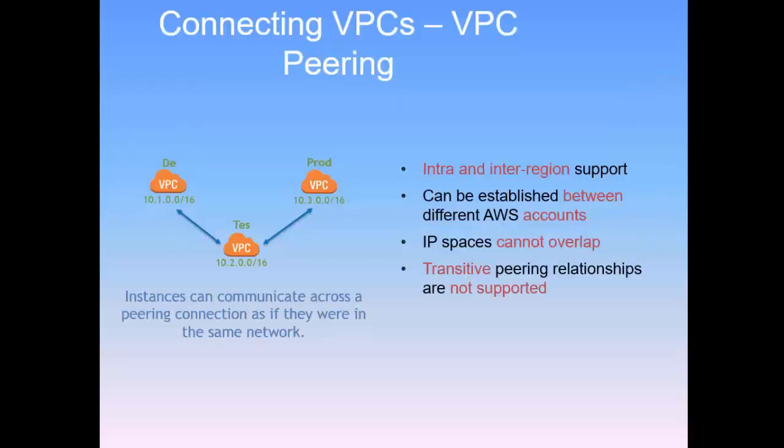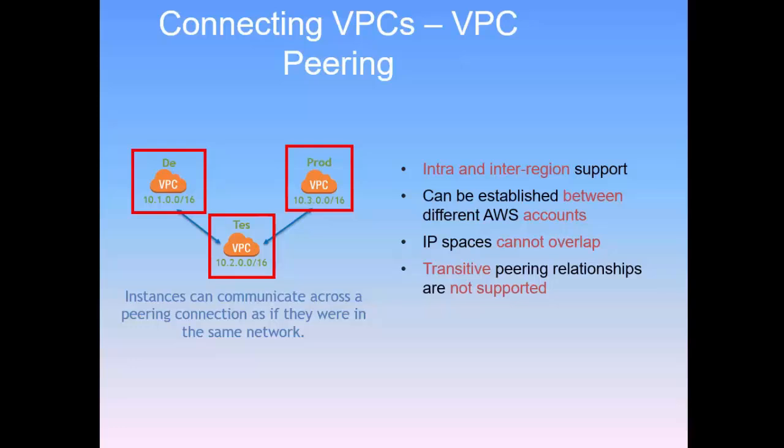Okay, like this, connecting VPCs, VPC peering. How does it happen? One VPC is this one, and one VPC is this one. Three different VPCs.